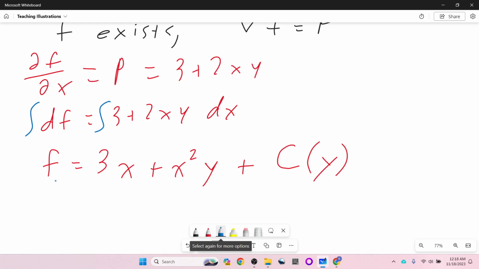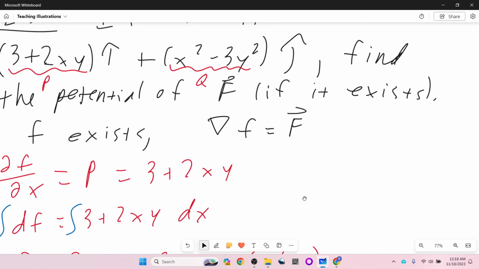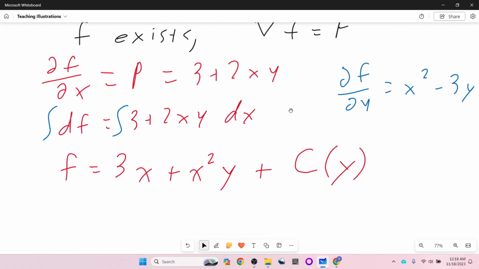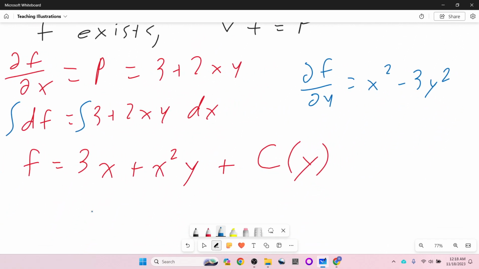Now, we know from before, what was f? Del f del y, sorry, is x squared minus 3y squared. But we could also do the y derivative here directly.